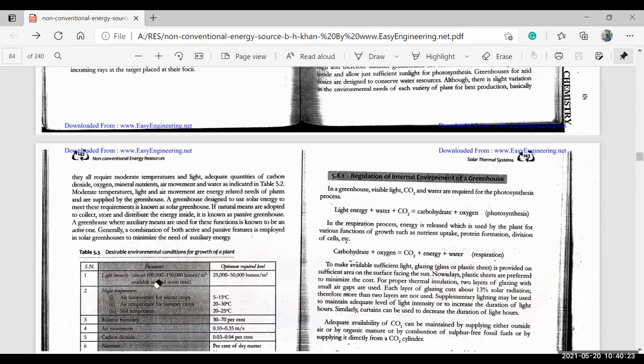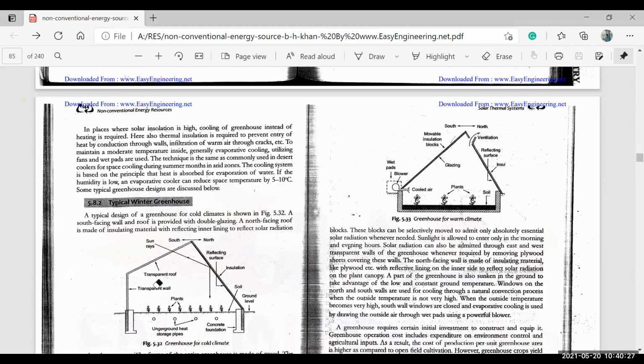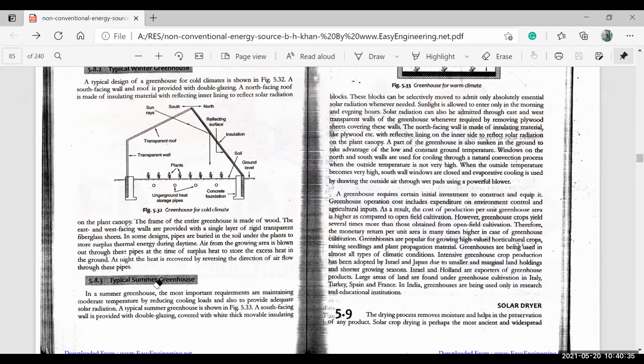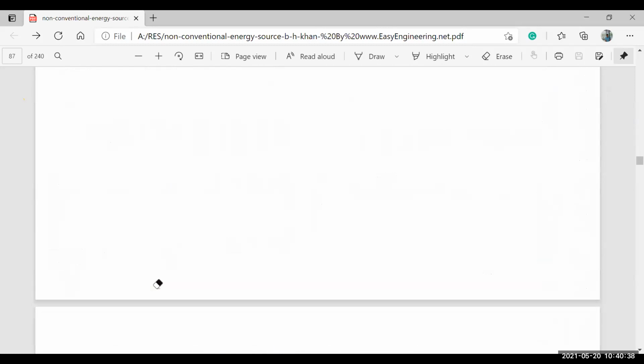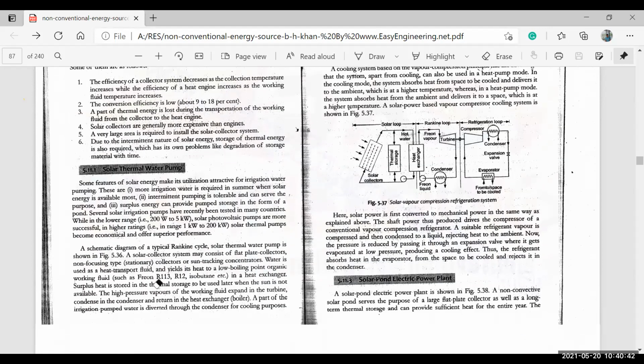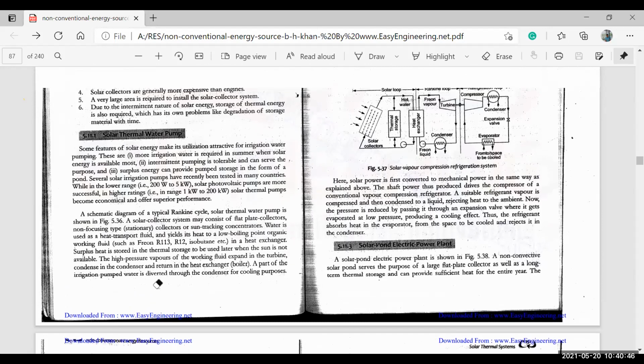We don't need to go more into the details of that. The collectors are enough. Using those collectors, they are used in different scenarios. That will be sufficient, and then we'll move directly to the PV, which is more important right now.